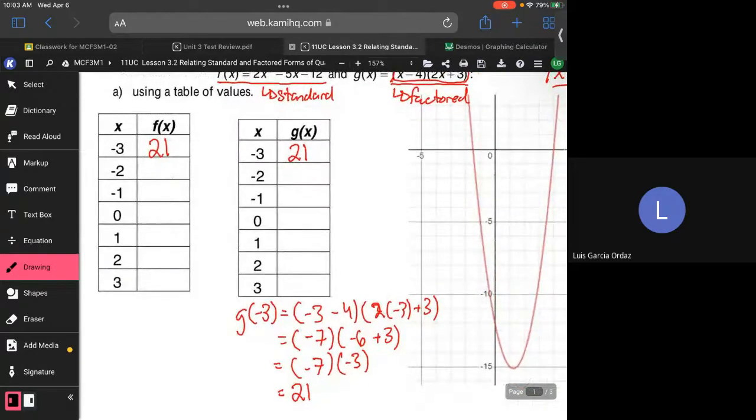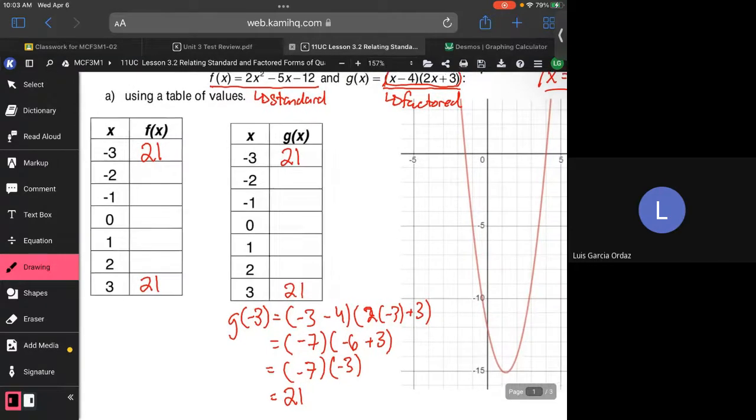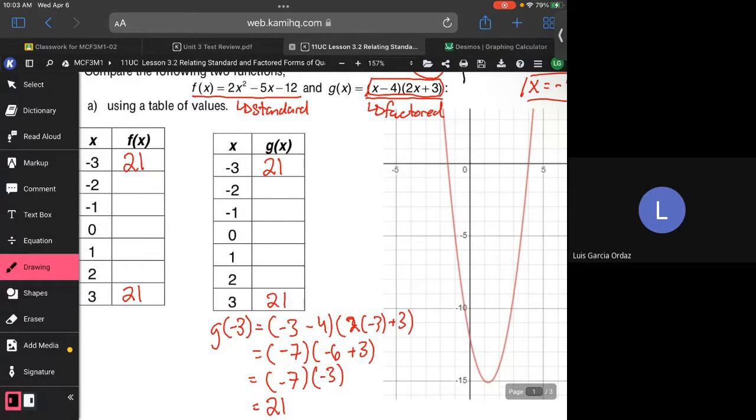Since graphs are symmetrical, what is my y value going to be at positive 3 then? 21. Okay. Now let's use factored form to figure out what my y value is when x is negative 2. So sub in negative 2 for x. Use factored form or standard form, it doesn't matter.